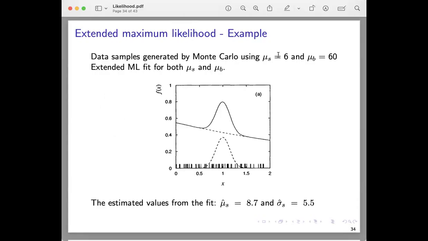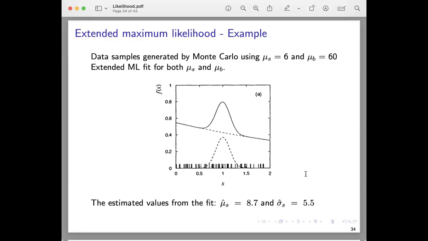You give the fit assuming that you don't know what mu s and mu b are. Then the fit gives you something like mu s equal to 8.7 and sigma s equal to 5.5, the error on mu s. So most of the time when you do this kind of fitting, you basically do the extended maximum likelihood fit. We can do similar fits using RooFit in your exercise.